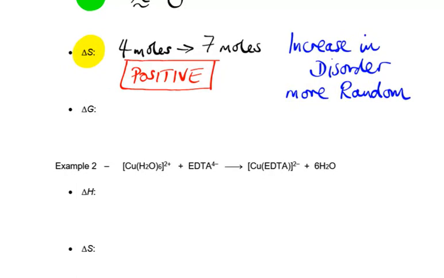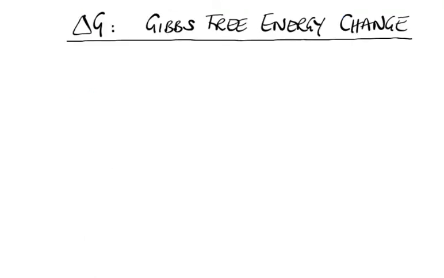And finally, tying this together and thinking about delta G. Delta G is the Gibbs free energy change, and this will tell us whether a reaction is feasible or not.